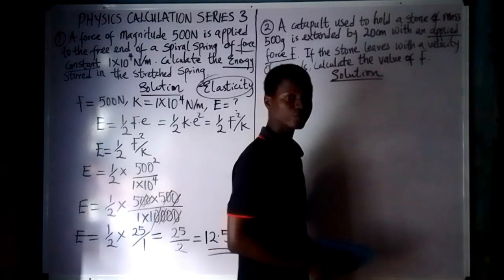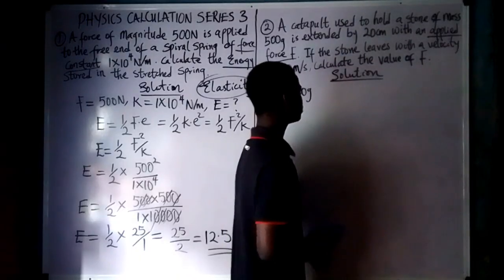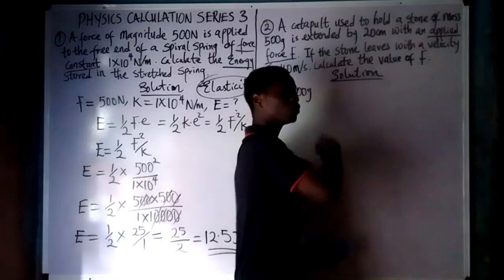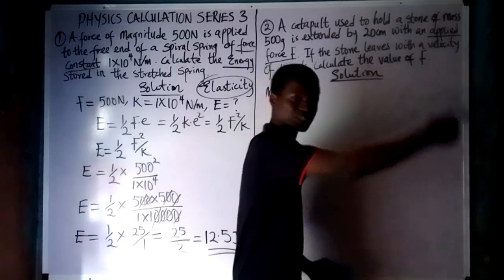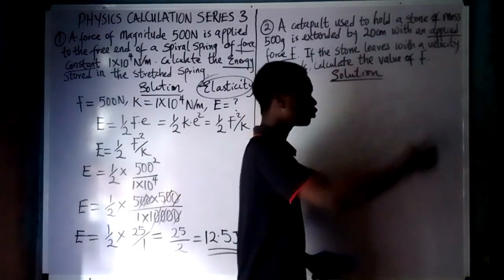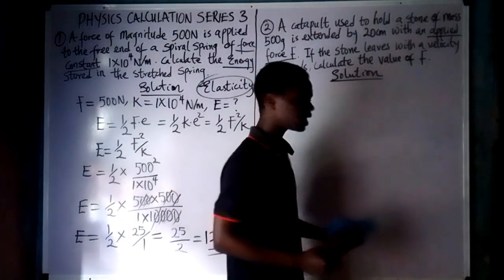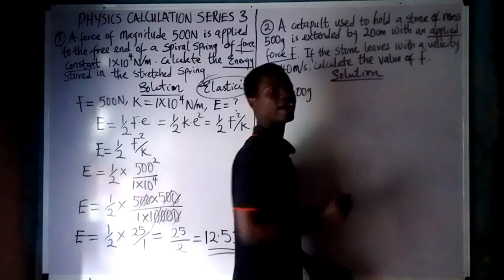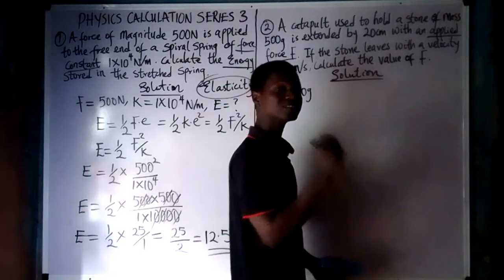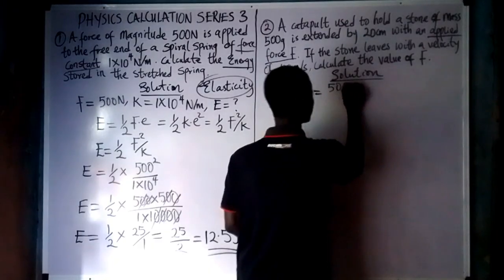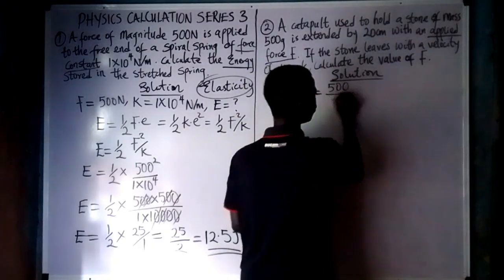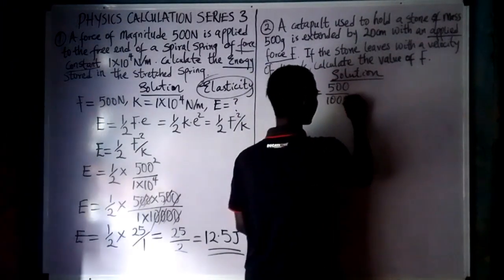So what do I do from this very point? I will look for a means to convert from what I have to what I want. From gram to what? Kilogram. From gram to kilogram. And the only way I can do that is to divide the value I have here by 1000. So I will show you my work here. I will say 500, which is my given value, over 1000.